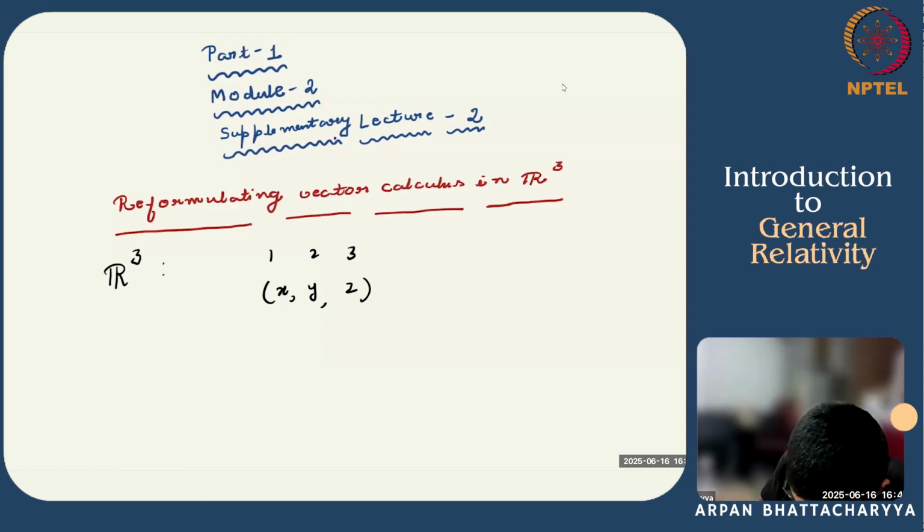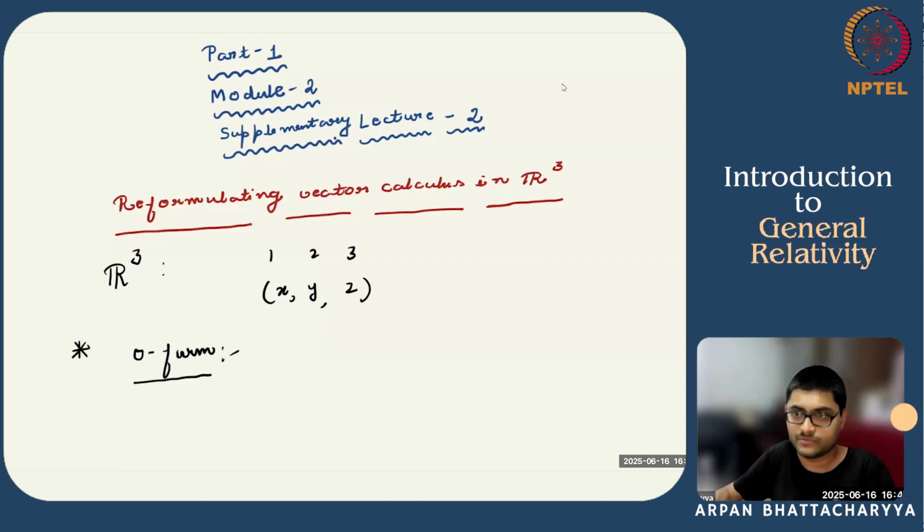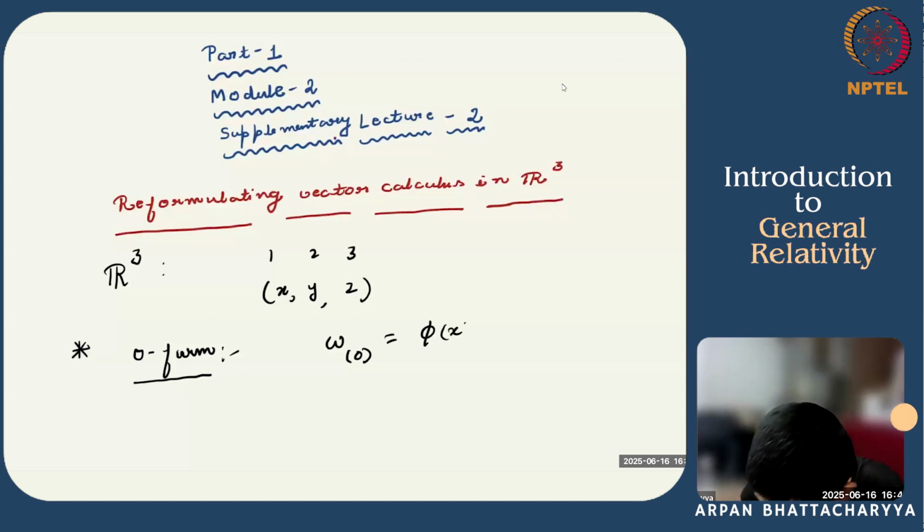Now we know the zero form is nothing but a scalar, right? So let's write it down. Zero form, scalar phi of x. In general, it's just a number and there is no basis associated with it.